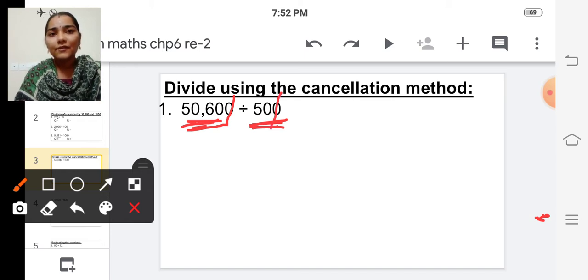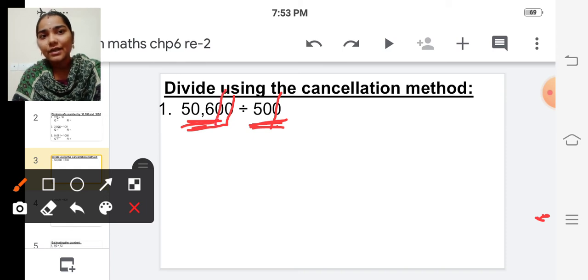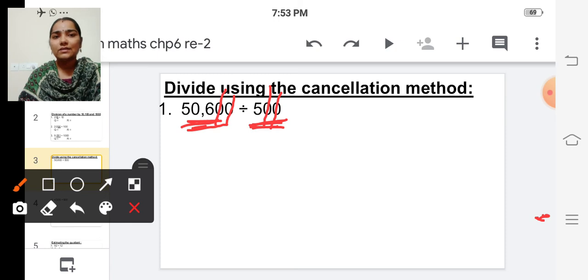Okay, and if we cancel another zero in the dividend, we have to cancel another zero in the divisor. Okay, now the remaining numbers are 506 divided by 5. So now we have to divide 506 by 5.